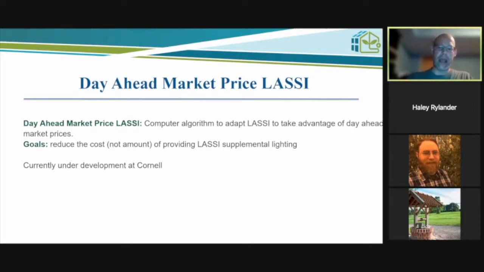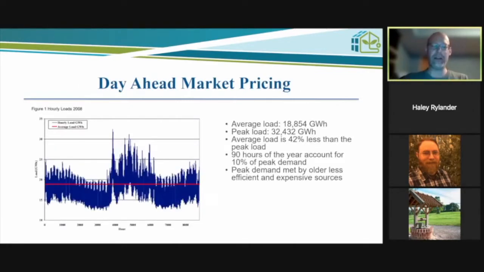Here is a plot of the average load for an area of New York, or maybe the whole state of New York, for 2008. Across the whole system, the average load is almost 19,000 gigawatt hours, whereas the peak load gets up to a high of about 32,000 gigawatt hours.